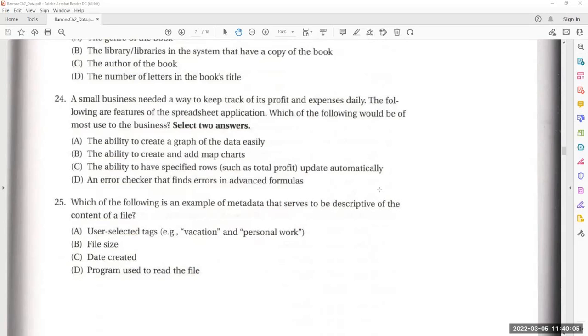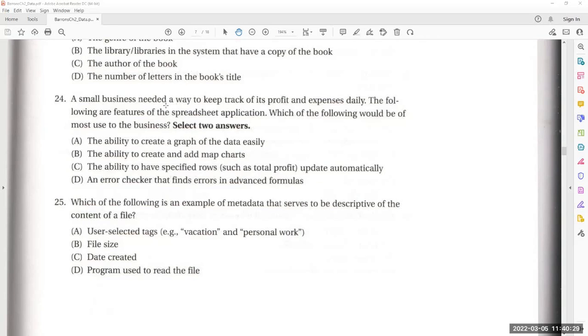This kind of problem, you must find a keyword, okay? Keyword, some keyword that will help you. Is it C and D? C and D, okay.